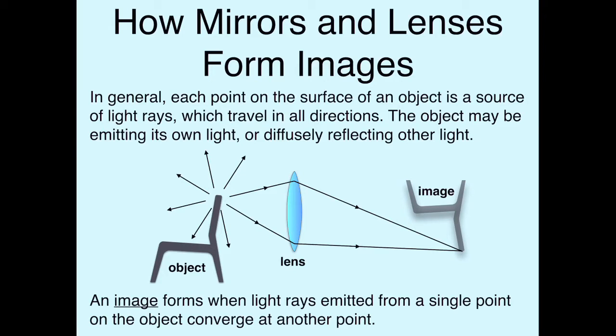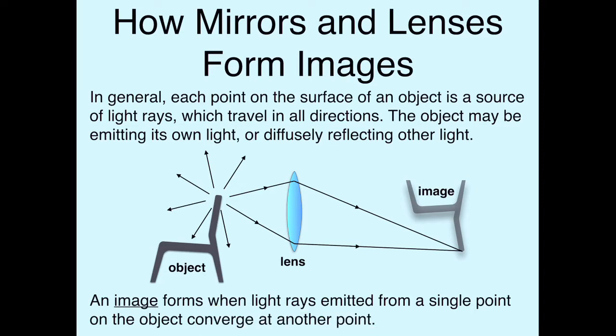Those things are just reflecting light from either your lights in the room or sunlight coming in through your windows, and that reflected light is going into your eyes. That's why you see it. So for the most part, objects you just normally see around you are diffusely reflecting other light, and that's how you can see them.